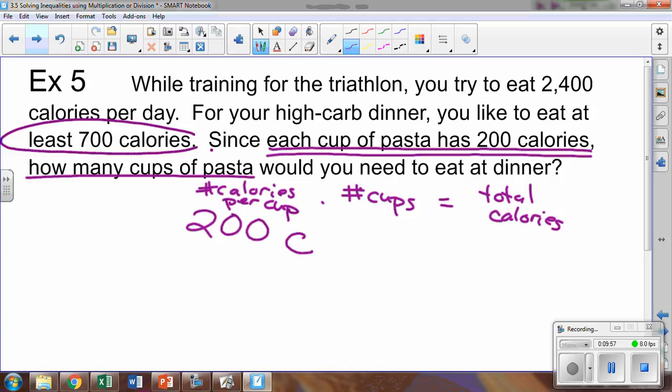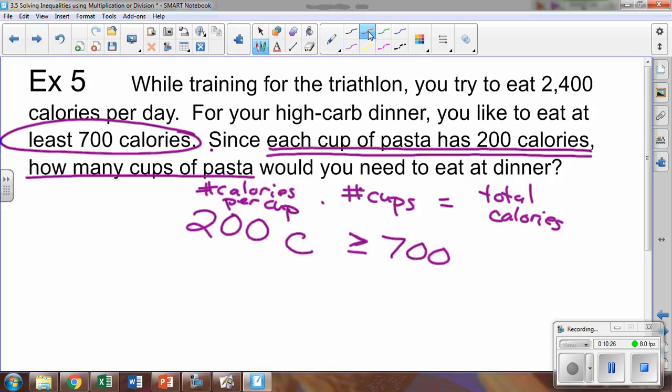Well, we were told you like to eat at least 700 calories, so at least would tell us something less than or greater than. Which one? At least would tell us greater than, and not only is it greater than, it's greater than or equal to. When you read through this problem, all of these clues are here so that we can recognize this relationship.